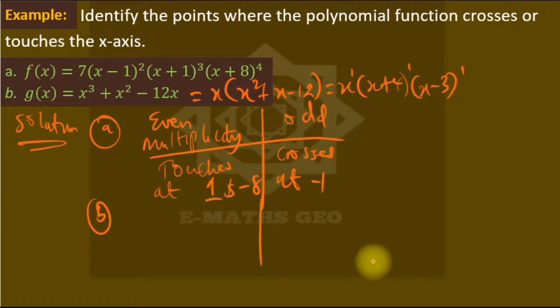Here, as you can see, we don't have even, none, because they are all 1, odd. So we have 3. So it will cross at 0, minus 4 and 3. So that's it.